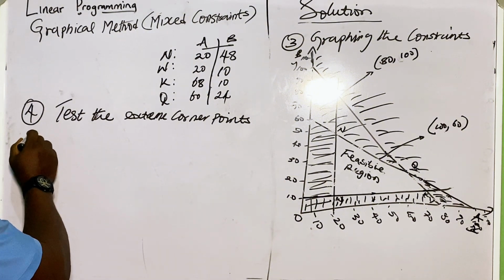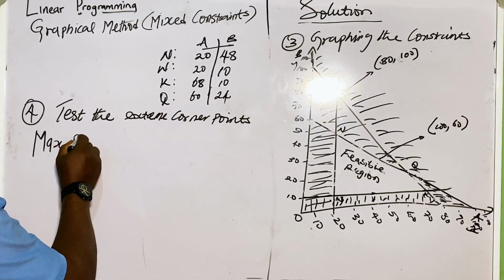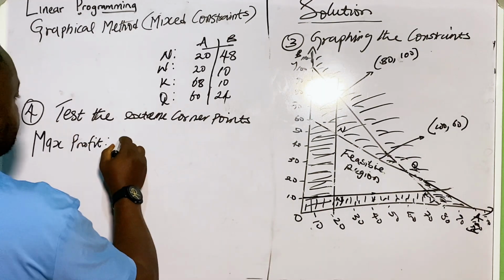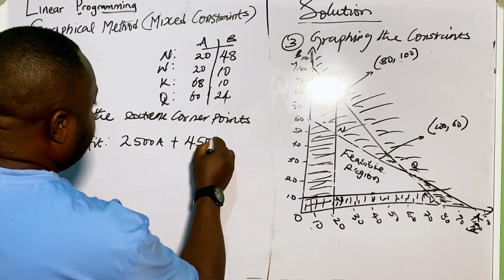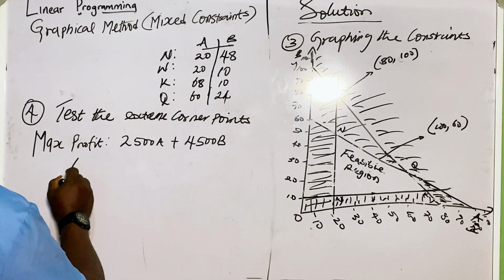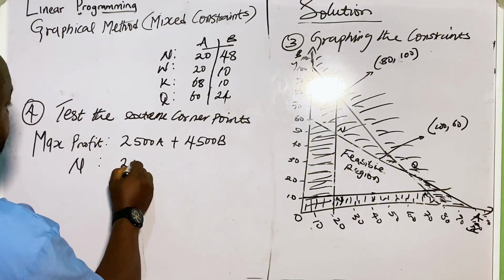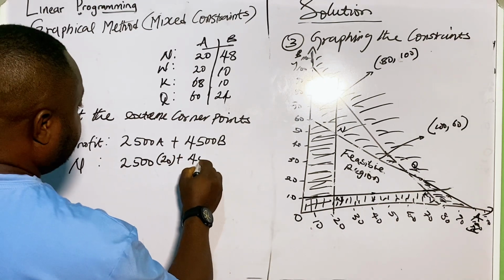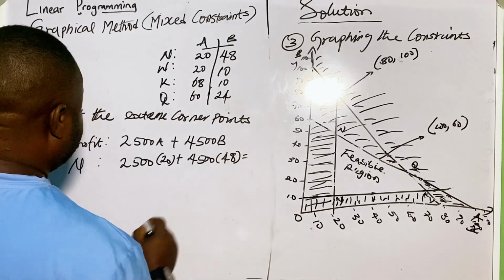And recall that our objective function is to maximize profit, which is 2,500 A plus 4,500 B. So at point N, we'll have 2,500 by 20 plus 4,500 by 48. What do we have?